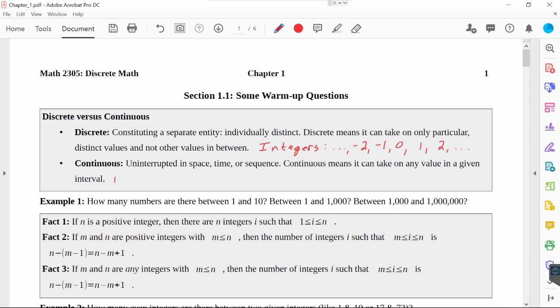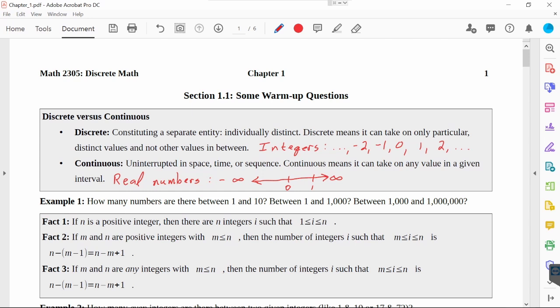In contrast, an example of something continuous in terms of numbers would be the real numbers. So the real numbers, we often visualize those on a real number line, from negative infinity to positive infinity. And so it's not broken up, it's a continuous line representing all real numbers. For instance, you can always find a number between two values on the number line.